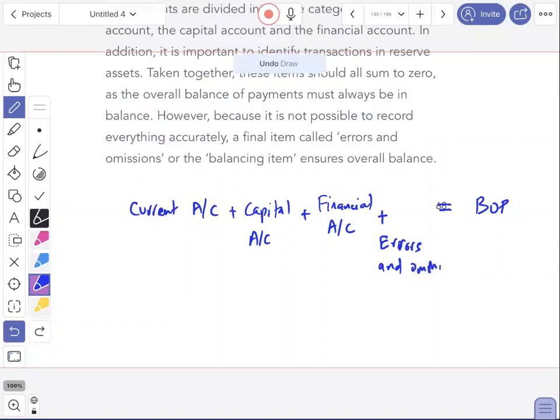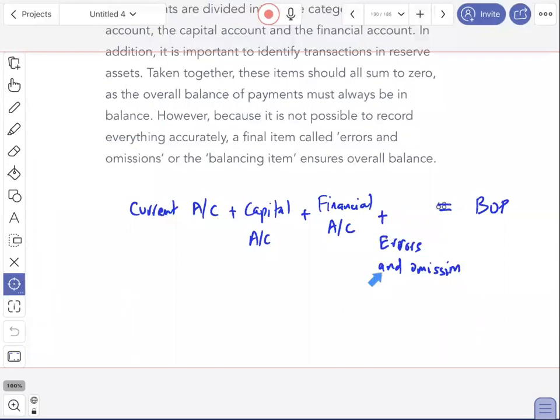Those of you who do accounting would know something called a suspense account. Remember suspense account? A suspense account is an account that you build because you must have made some mistakes, and that's why your account is not balancing. And what you do is correct your balance of payment, your accounting issues, through the suspense account. So in a way, errors and omissions is basically that value.